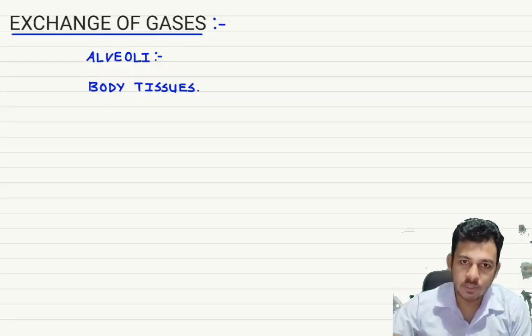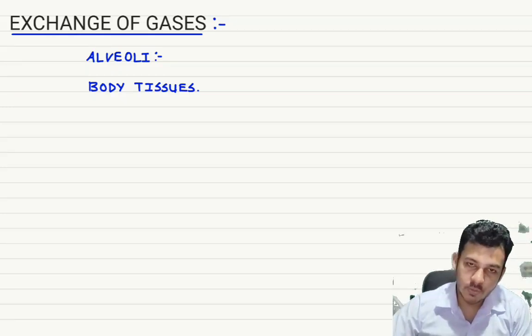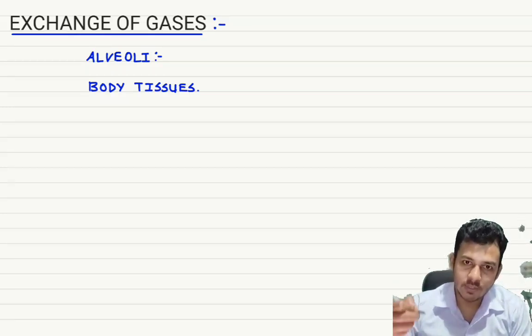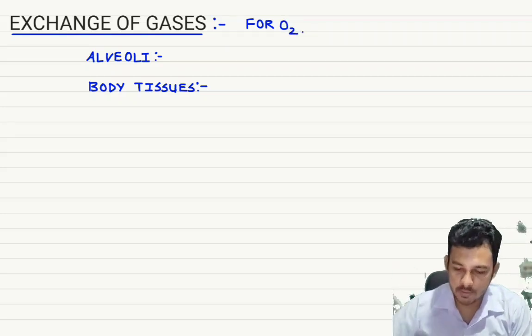The partial pressure of oxygen basically refers to the individual pressure of that particular gas in that particular mixture of air. In alveoli, the gradient is for oxygen, of course. Here we are discussing oxygen currently. We will subsequently discuss carbon dioxide.